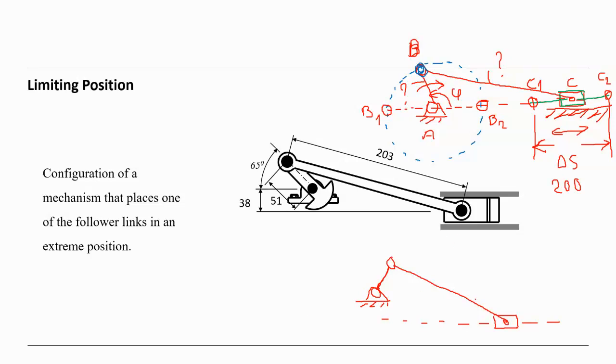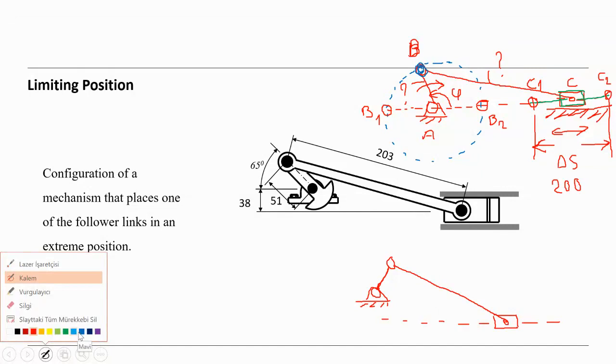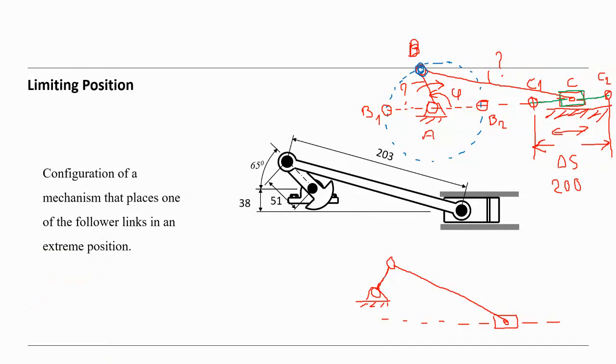Now we have to define the limiting position for this mechanism. So again, the crank here makes rotary motion around the center of the circle here. So this is the circle here.